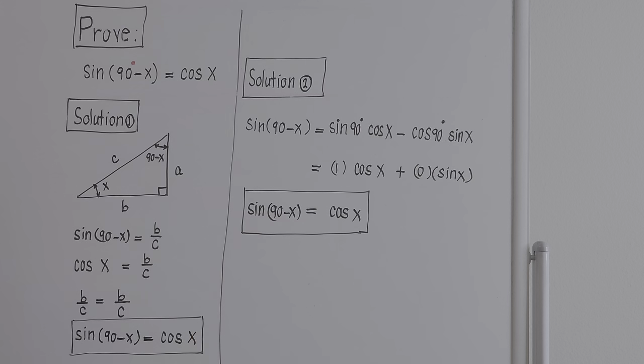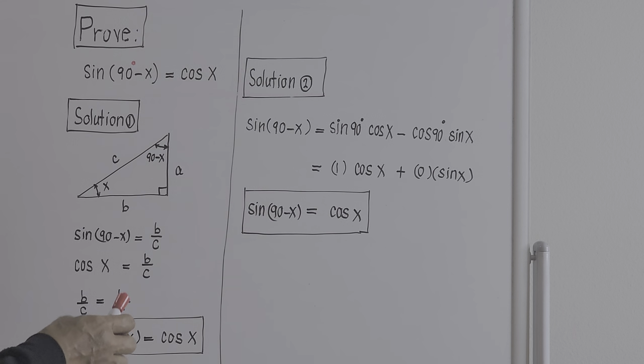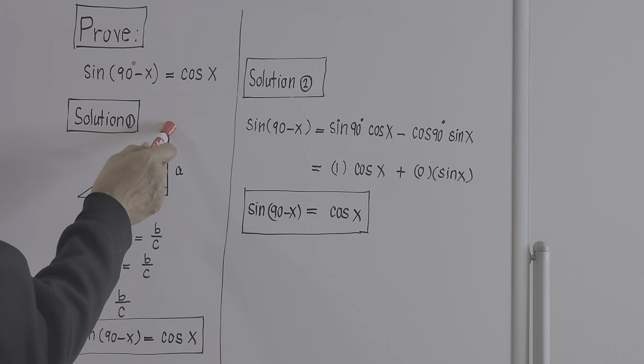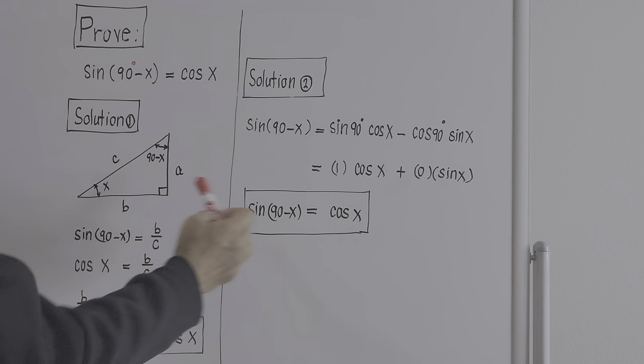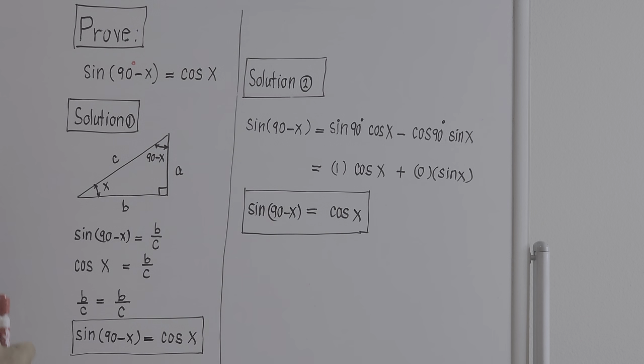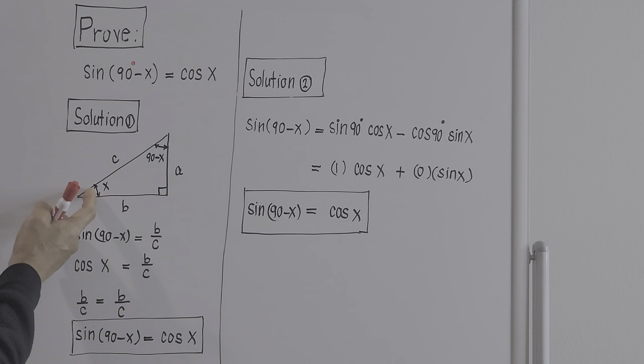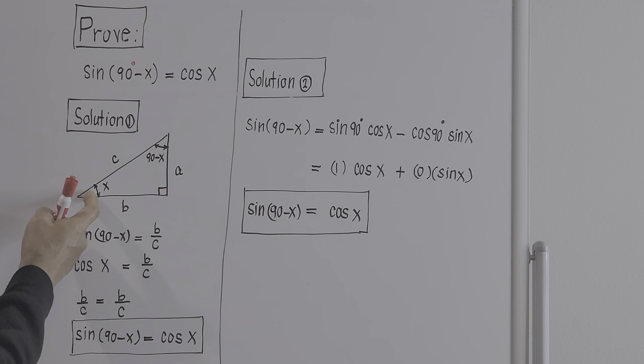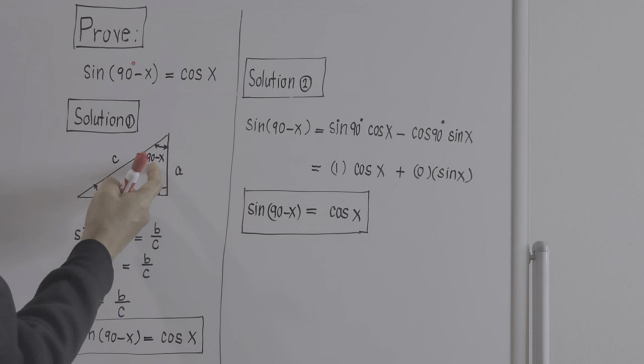Since this is the study of trigonometry, we will be figuring out a right triangle here. I bring out a right triangle in which this angle, I refer to as x. If this is x, this angle here should be 90 degrees minus x.